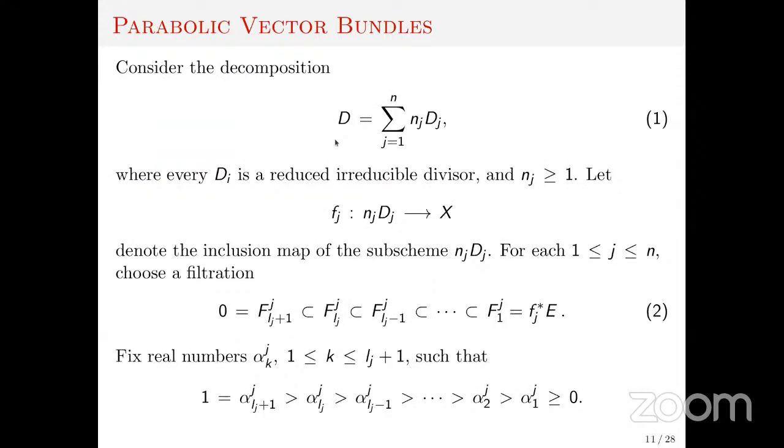Now, if you consider the effective divisor D, and if you break it into its reduced irreducible divisors D_j with coefficients n_j, and consider the inclusion map along these subschemes n_j D_j. For each such F_j, you can choose a filtration and fix some real numbers depending on the length of the filtration, which lie between 0 and 1.